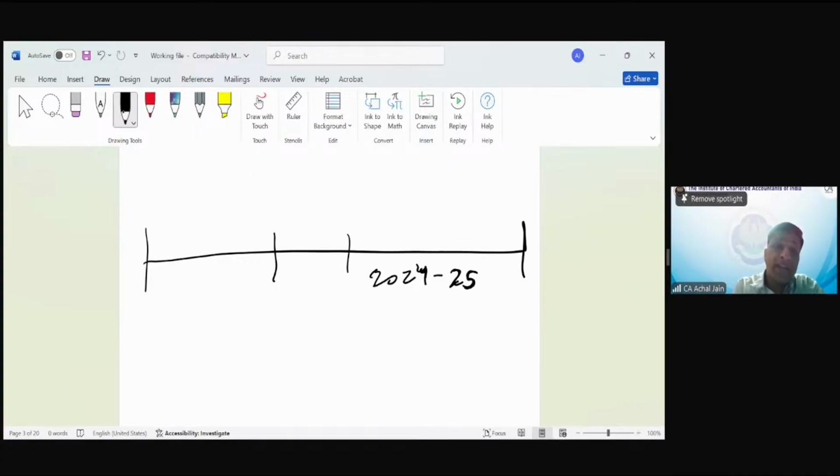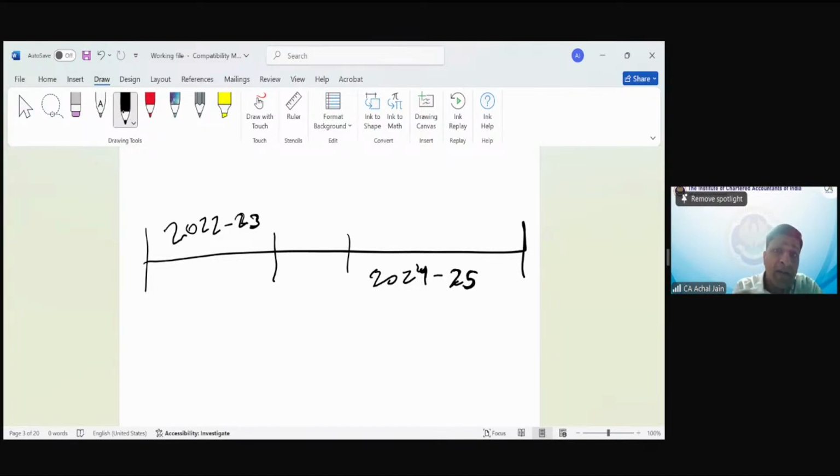He found that in 2022-23, there were certain items of inventory over which there was some valuation error. It was unintentional. Maybe it was an arithmetical error, maybe the totaling was incorrect. Any sort of error was found.